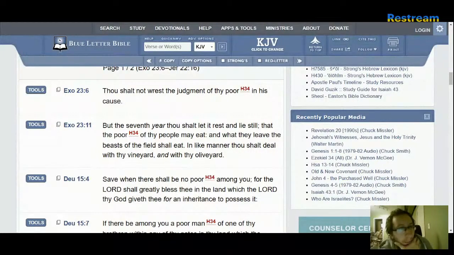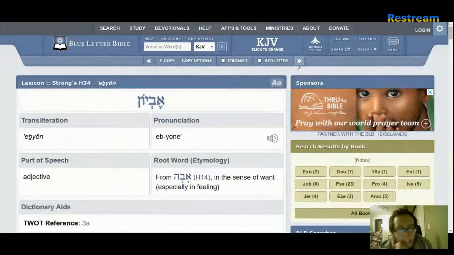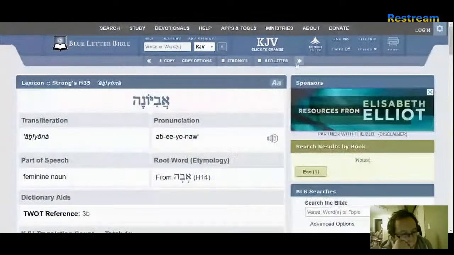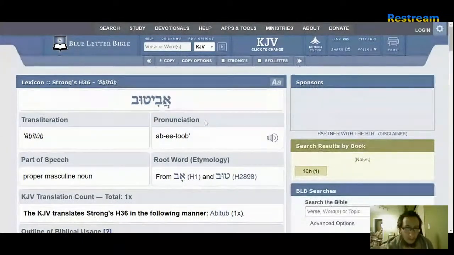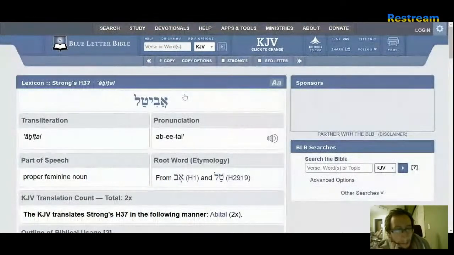Okay. So now, with that said, so that's Ebion. Ebiona, name of a plant. Okay, this is someone's name, and each name has its own unique Strong's number. Avital, with ab as in father.